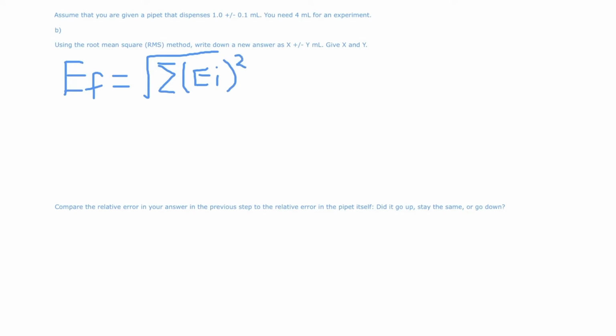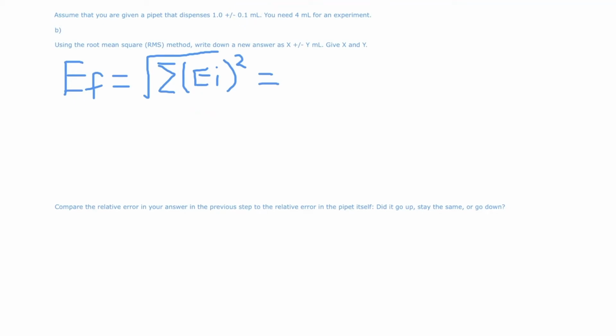So we can apply this formula to our original problem, which is listed again here. So each EI, or individual error, is also known as an absolute error. And this is what we see listed at the top as 0.1 milliliters, and that's the error in the pipette itself.